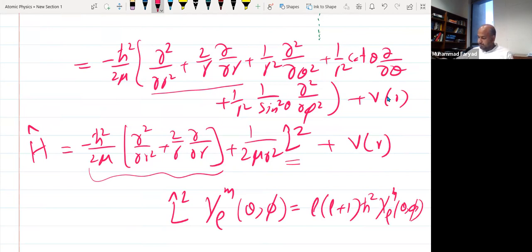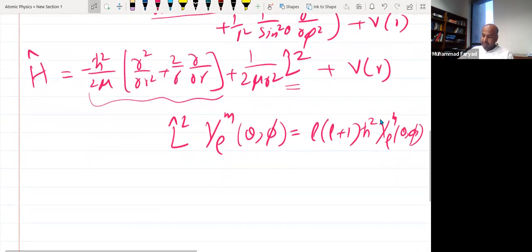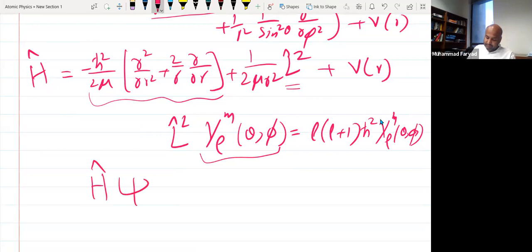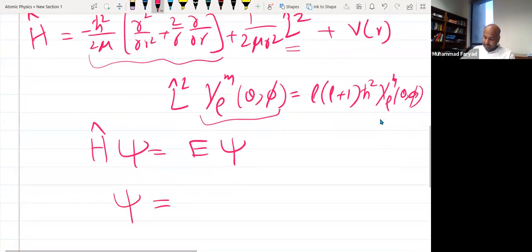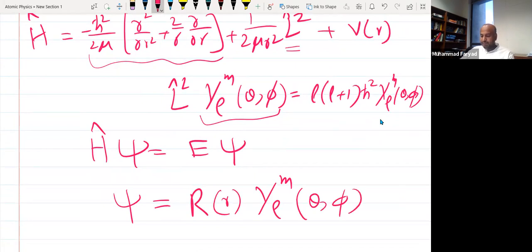And these eigenfunctions of this equation, if we use them here, we can express the solution of this problem as a product of a function of R and a spherical harmonic, because this L square commutes with the Hamiltonian, so we can write the total wave function as a product of the radial term and the spherical harmonic term, where the spherical harmonics satisfy this equation.